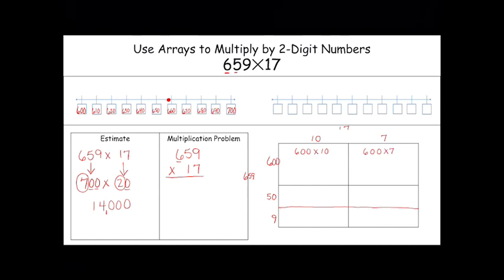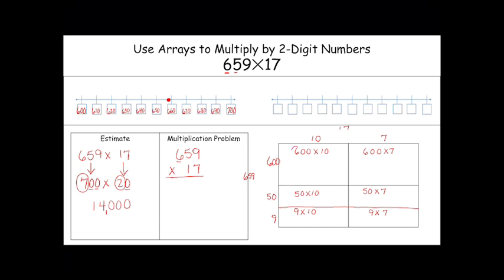The 50 gets paired with the 10, 50 times 10. And the 50 gets paired with the 7, 50 times 7. I'm finished with the 50. The 9 gets paired with the 10, 9 times 10. The 9 gets paired with the 7, 9 times 7. Everything's got paired together.